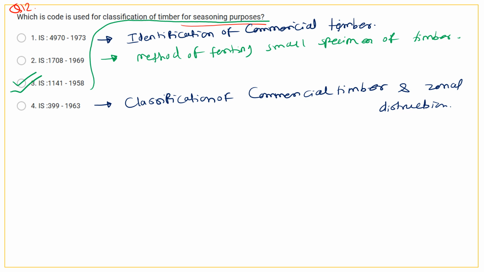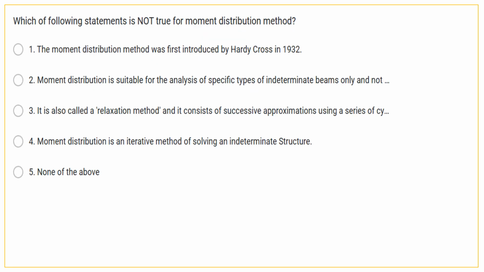The next question is question number 13. Which of the following statements is not true for the moment distribution method? In that, first statement is the moment distribution method was first introduced by Hardy Cross in 1932. So first statement is correct.